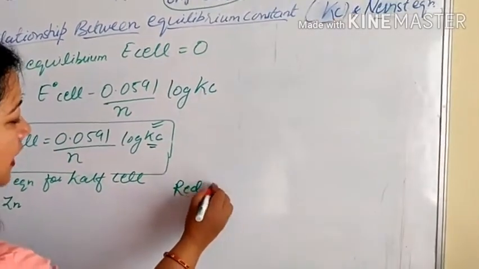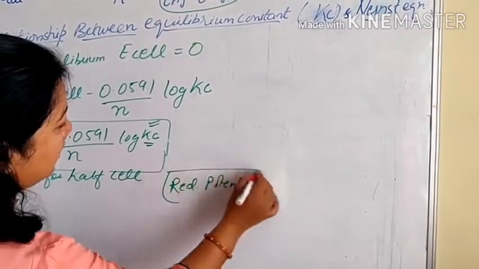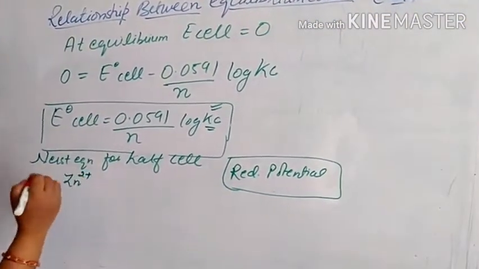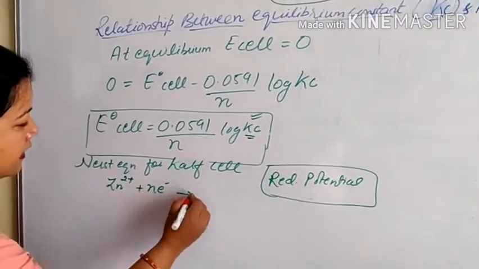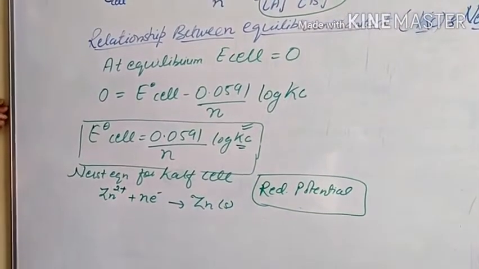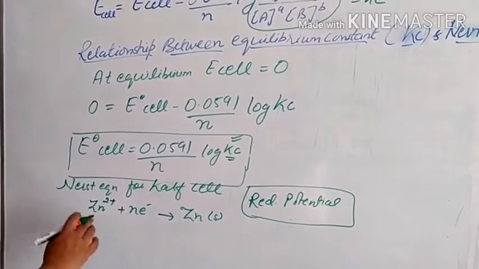Why? Because reduction potential is considered as a standard in electrochemistry. So the equation can be written as Zn2+ plus 2 electrons gives Zn. This is showing the reduction reaction of zinc ion.